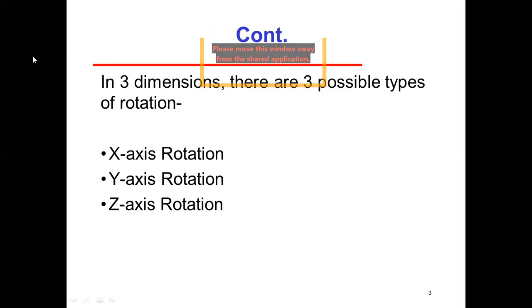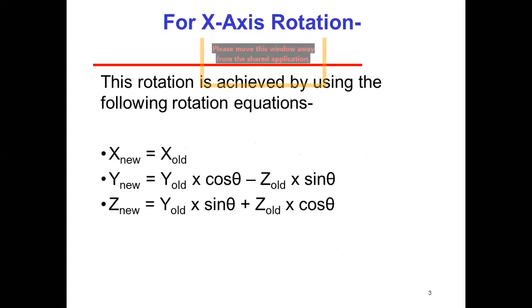Now in 3D dimensions, there are three possible types of rotation. We have already told you: x axis rotation, y axis rotation, z axis rotation. So we have three options. This rotation is achieved by using the following rotation equations. Now just concentrate on this.